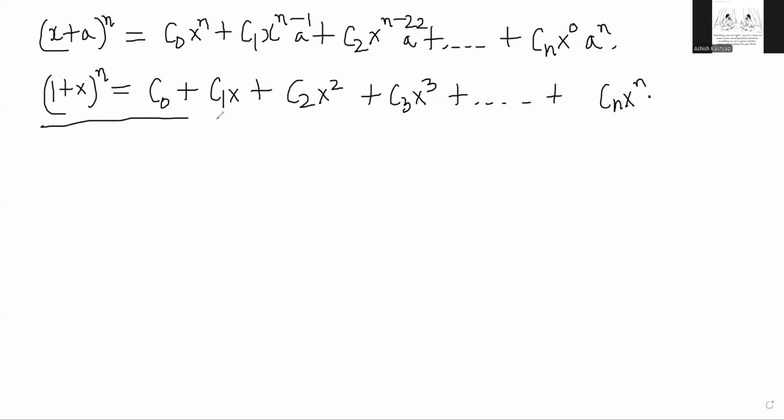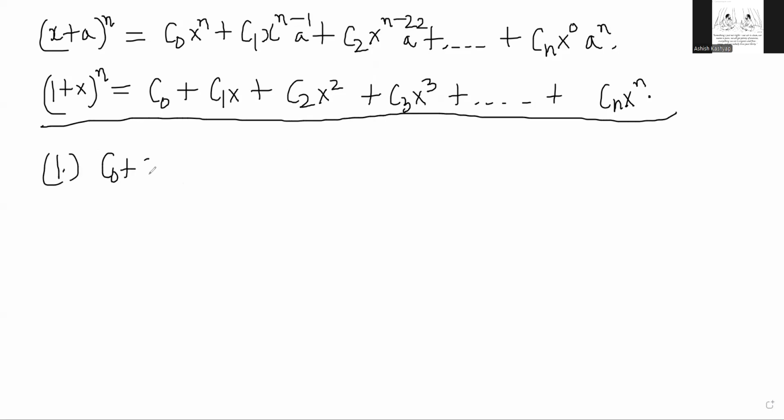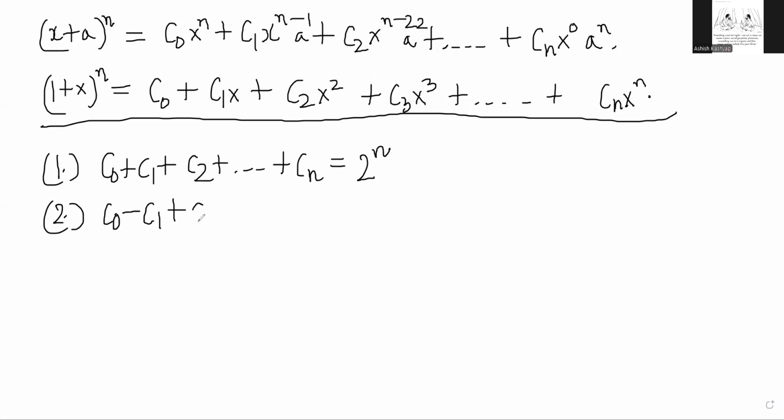Now, using this series, we can come up with a lot of results on binomial coefficients. The first result is C0 plus C1 plus C2 plus till Cn is equal to 2 power n. That comes by simply putting x is equal to 1 in this expansion. Then there is C0 minus C1 plus C2 minus C3 and so on, plus minus 1 power n Cn, is 0.